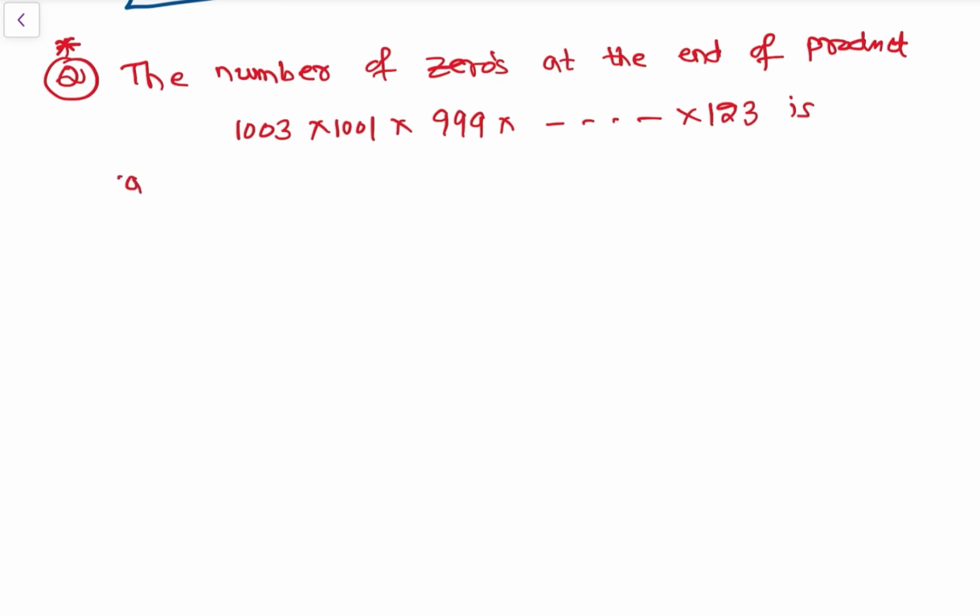So the options are A 224, B 217, C 0, and D is 212.